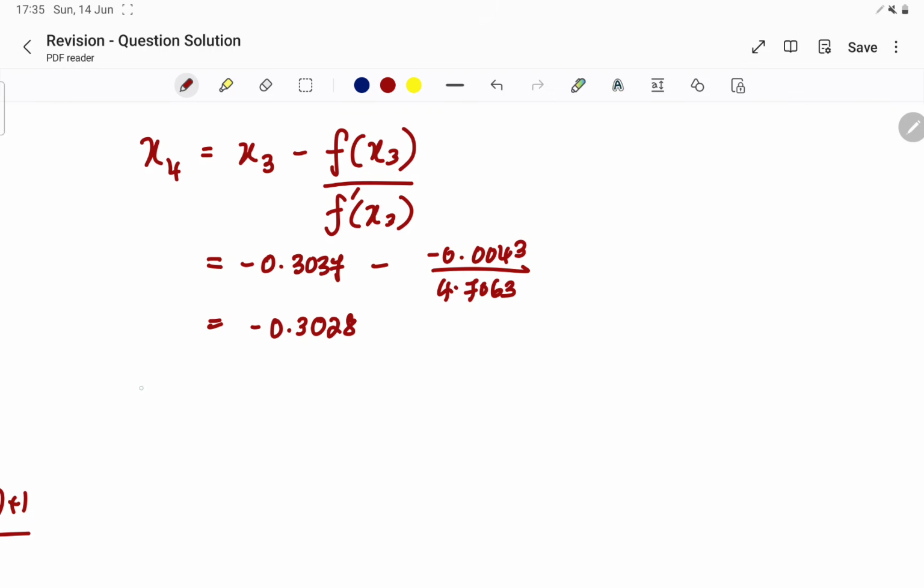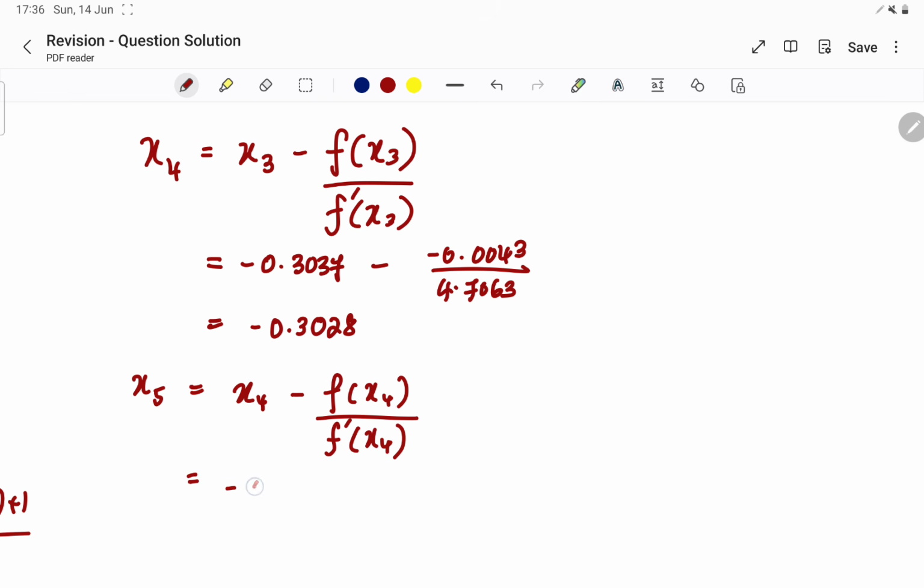Okay, and then we continue. You have x5, which is equal to x4 minus f(x4) divided by f prime of x4.